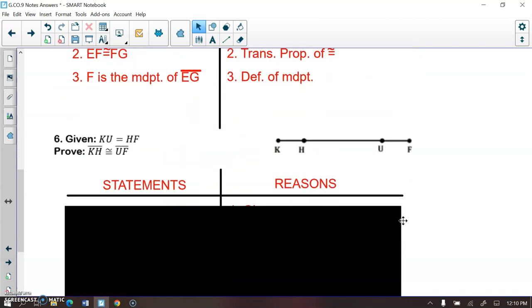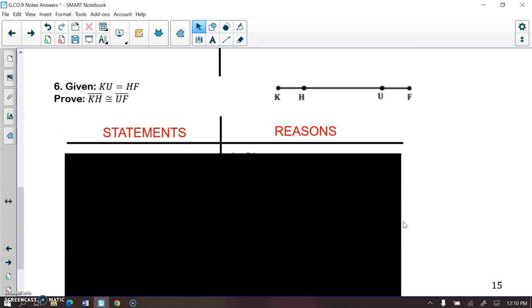All right, we are on our last and most challenging proof of this background information lesson. So we want to prove that KH and UF are congruent, knowing that KU is equal to HF.